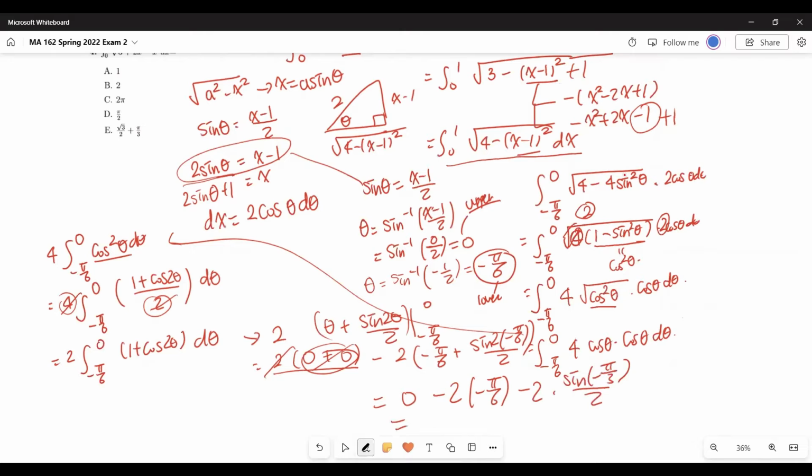This just becomes pi over 3 for this one, and then we have a negative sine of negative pi over 3, because 2 and 2 cancel out. Sine of negative pi over 3 is the same as negative square root of 3 over 2, and we have a negative sign in front of it, so this just becomes pi over 3 plus square root of 3 over 2. So the answer for this question is E.